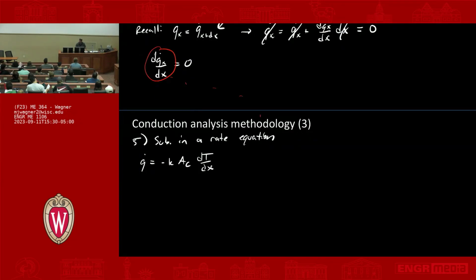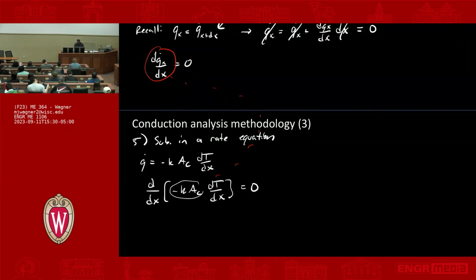So bring this down here and substitute that in. We're going to say d dx, substituting in that q dot relationship, of minus k AC dT dx equals 0. In our case, we're looking at a geometry where AC is constant, where k is constant, and of course the minus sign, -1, is a constant.